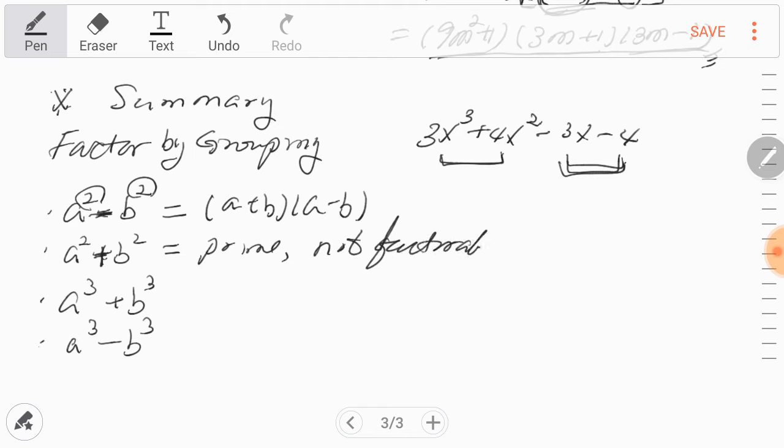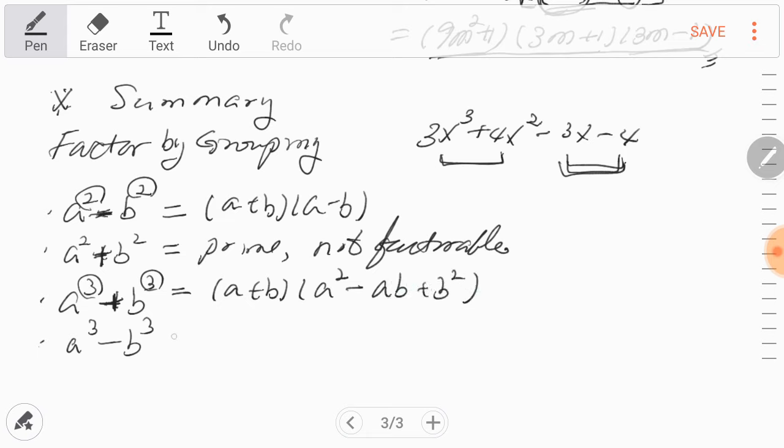And the third one is the sum of cubes. The sum of cubes is a plus b times a squared, change the sign, ab, plus b squared.